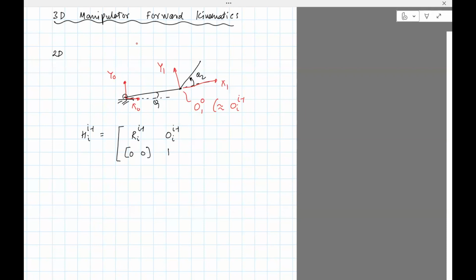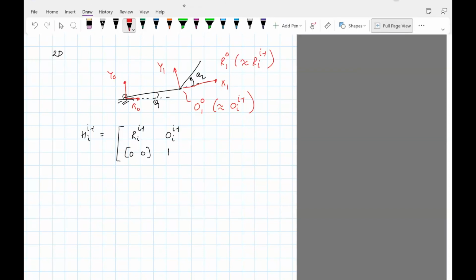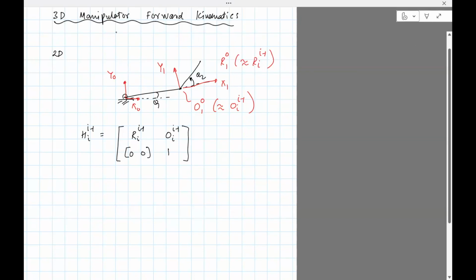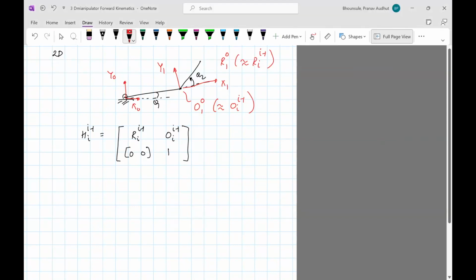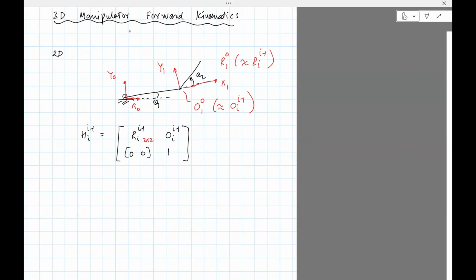This is associated with a rotation matrix, R_i, or R_1^0, or you can think of this as R_i with respect to i minus 1. Right? You just keep doing that, and then you get basically the forward kinematics. Now, this was essentially a 2 cross 2 matrix, 1 cross 2 matrix, 2 cross 1, and 1 cross 1. So the net size of H was 3 cross 3.